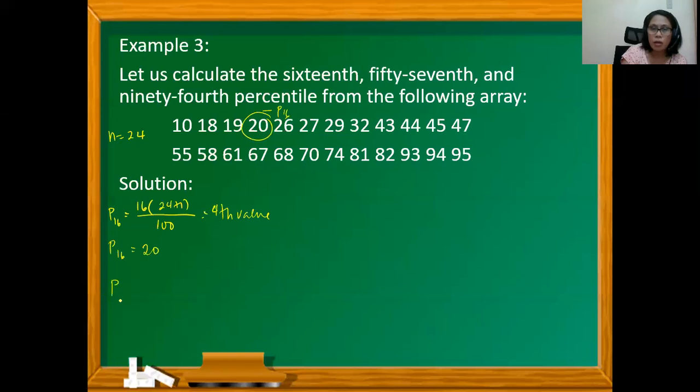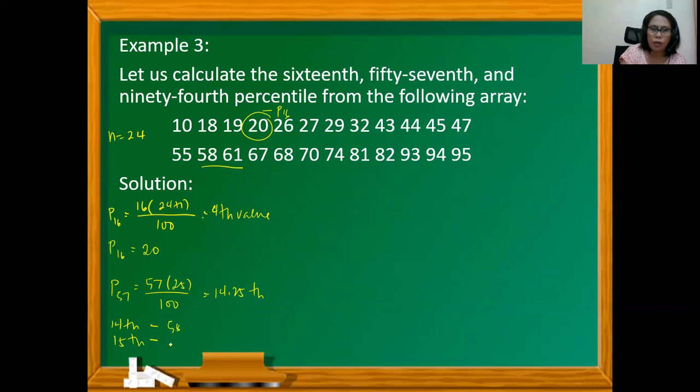Now with P sub 57, or the 57th percentile, this is 57 times 25 all over 100. So we have 14.25. So again, we're going to consider the 14th value and the 15th value. This is 12, 13, 14th, and 15th here.